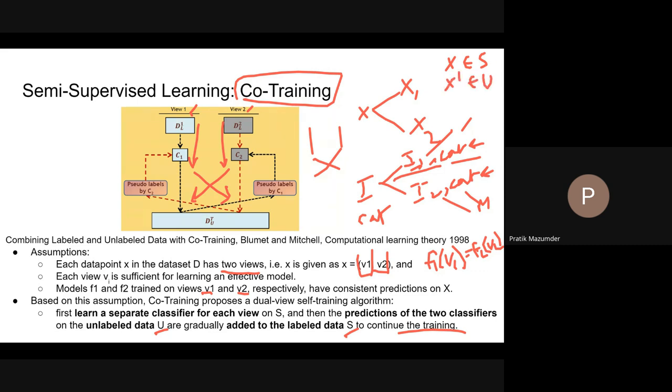As per our assumption, every data point, whether it's in the supervised set or in the unsupervised set, has two views, V1 and V2. So what you end up doing is that you train one classifier on V1 and one classifier on V2, and after that you utilize the first classifier H1 to label some of the unlabeled samples for H2, and use H2 to label some of the unlabeled samples for H1.